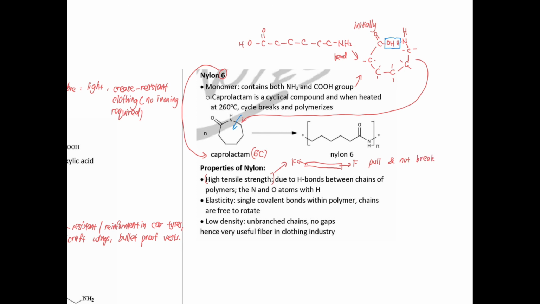So that shows it has high tensile strength. It is strong. So why is it so strong? Why doesn't it break? Because hydrogen bonds are present between the chains of polymers, between the nitrogen and oxygen atoms with hydrogens.